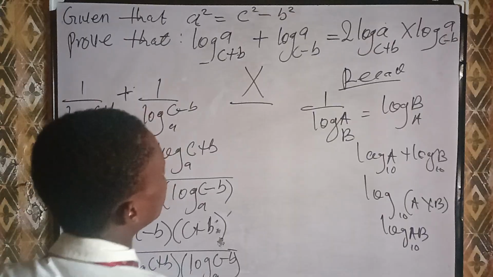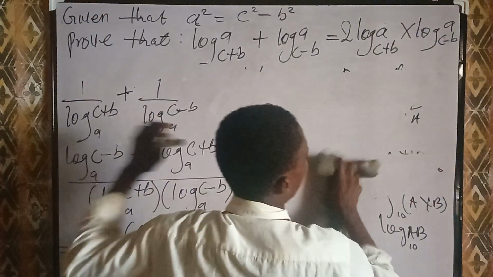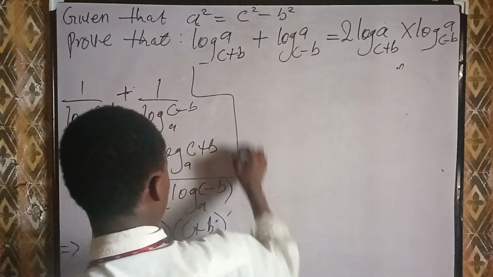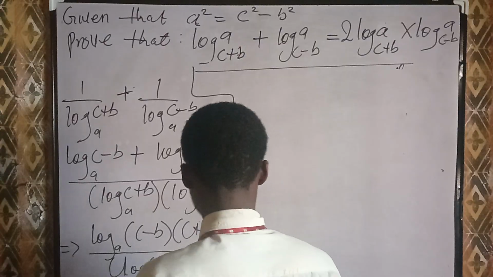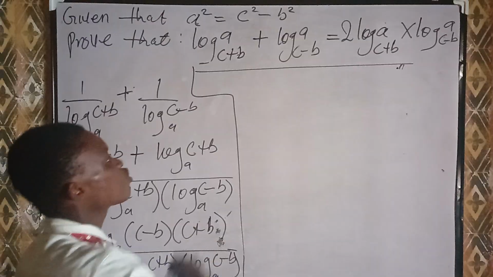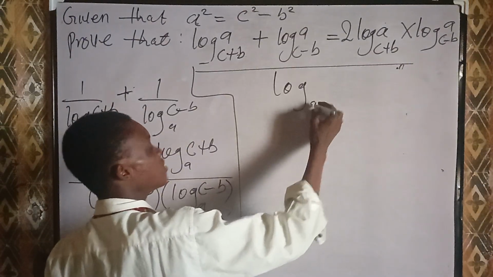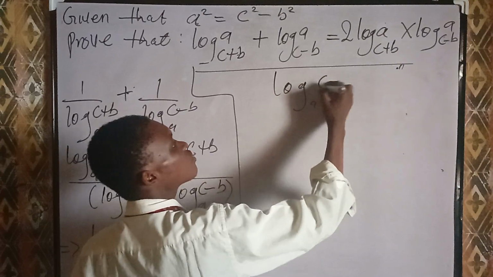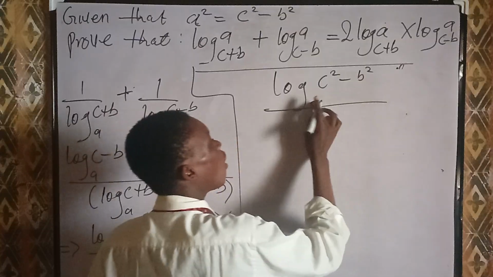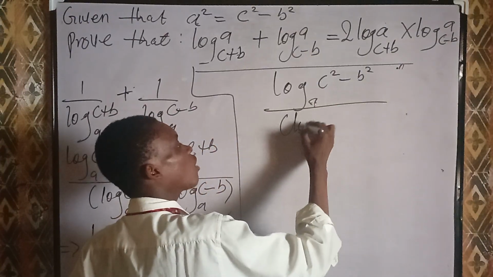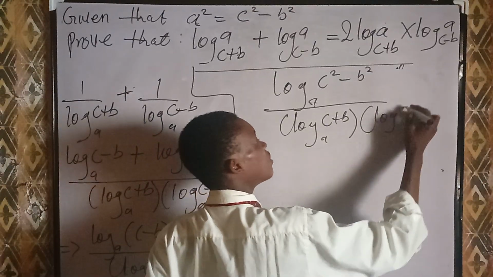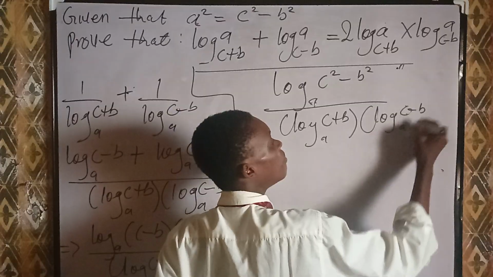All right, let's proceed from here. So from here, we know the difference of two squares: this is multiplying this, and this is multiplying this. So log base A, C times C gives us C squared, minus B times B gives us minus B squared, all divided by log_A(C+B) log_A(C−B).